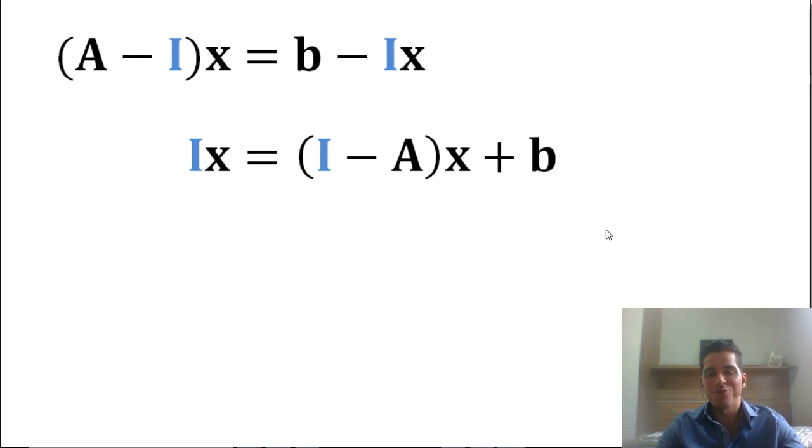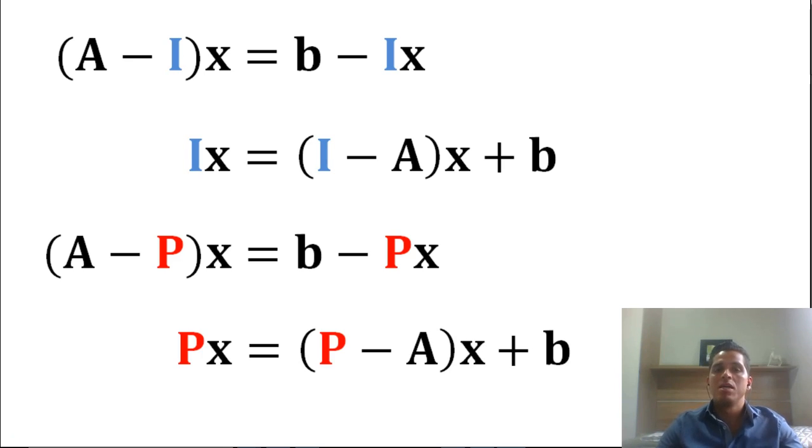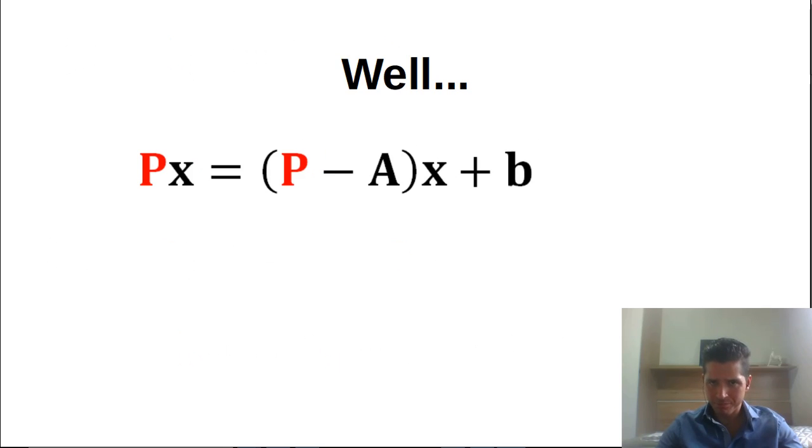But we're going to see that it doesn't matter actually, because we are not going to use I. We're going to use P. So let's just replace I with P. So I'm still solving Ax equals b, but now I have Px equals (P minus A)x plus b. It's still solving Ax equals b.